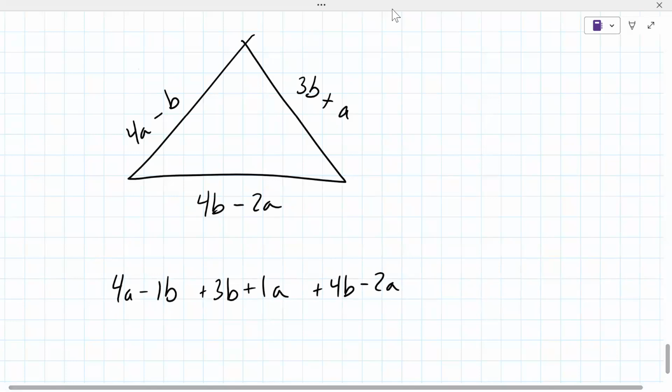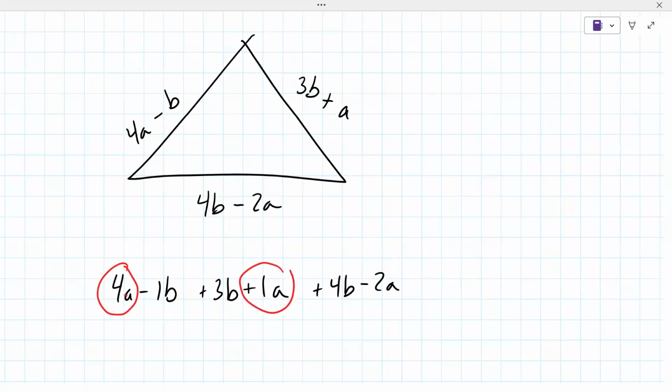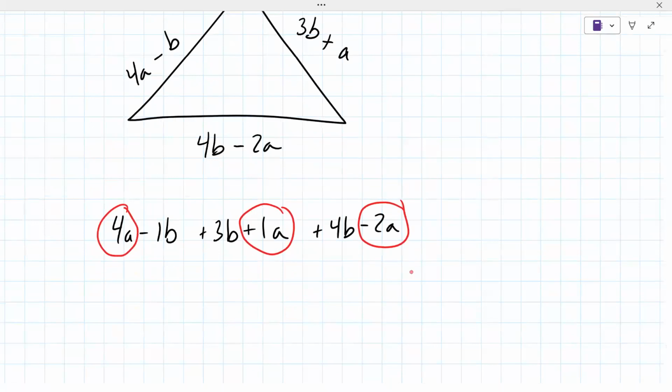So let's just say you're going to do the a's first. Positive 4a, positive 1a, minus 2a. Look at that one more time. Let me know what that becomes. So 4a, plus 1 minus 2. 4 plus 1, 5a minus, oh, so 3a.